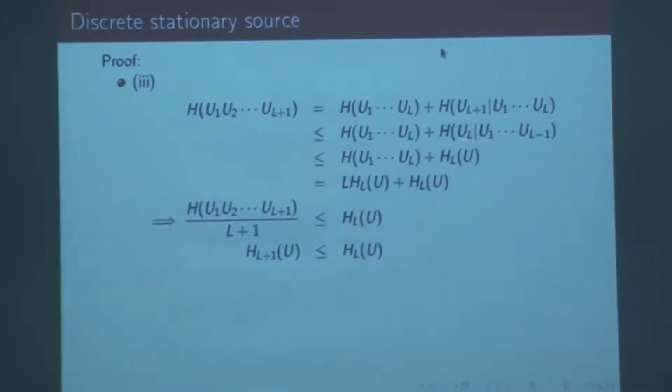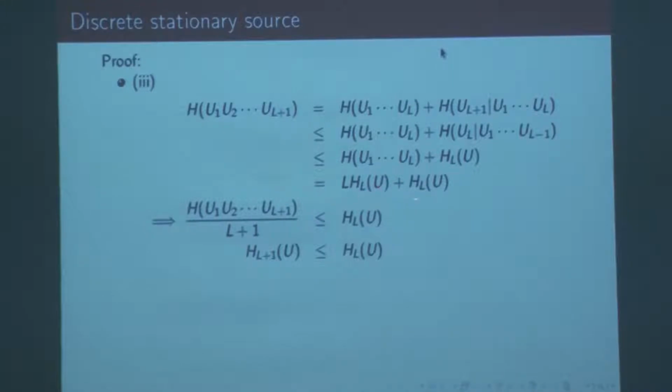Now we write this as the entropy of U1, U2, ..., U_L plus the uncertainty per letter. This is H of U1, U2, ..., U_L divided by L. Now which property did we use? Property number 1. Now this can be written as L times this H_L.